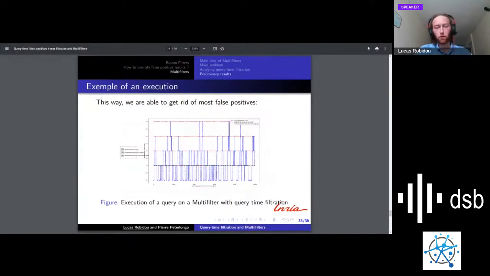In light blue, those are the positives that are kept by k-mer filtration, and in red are the false positives according to the query time filtration. If I remove all the red points, you can see that it matches pretty much the blue dotted line. So we removed a lot of false positives without losing too many true positives.